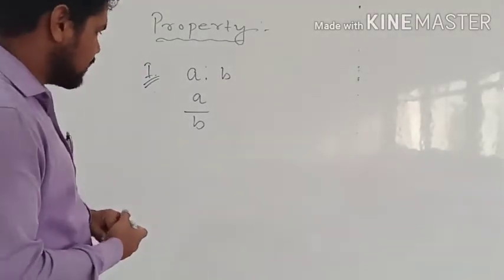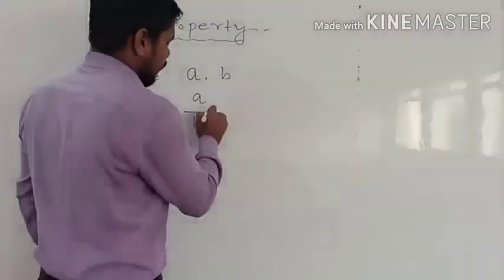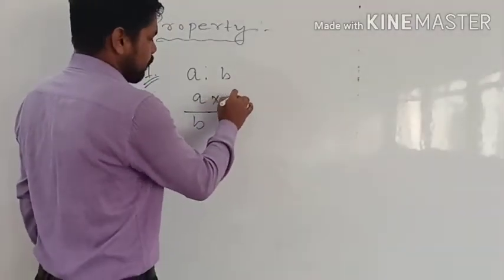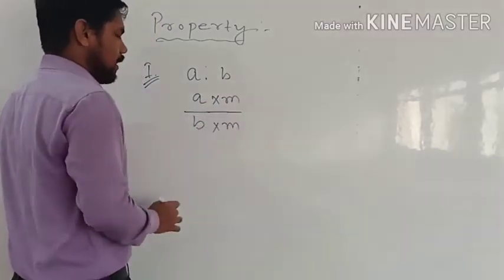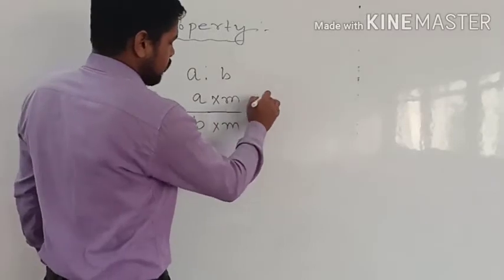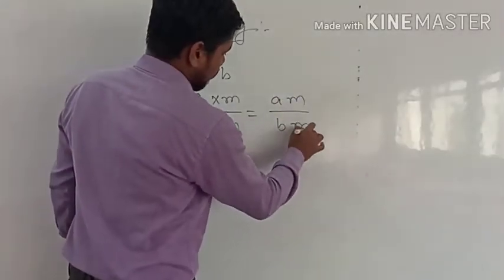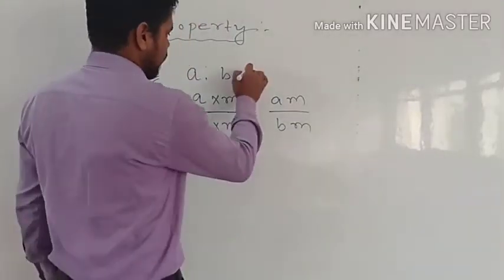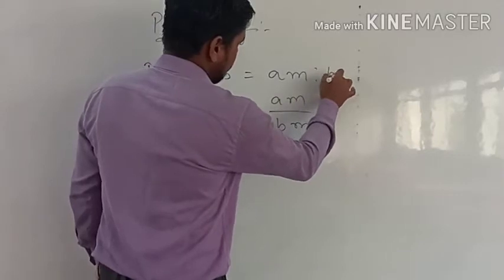The ratio remains the same. For example, if you multiply here by m and here also by m, then the ratio will be the same, am divided by bm. So A ratio B is the same as am ratio bm.